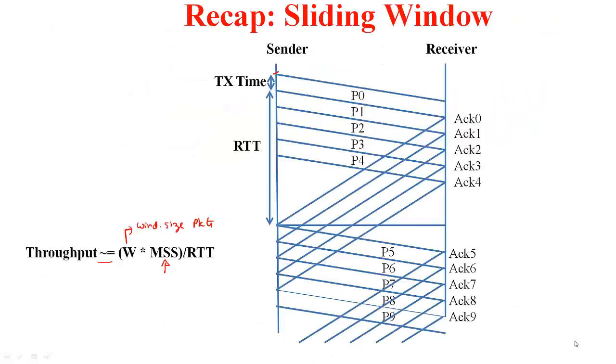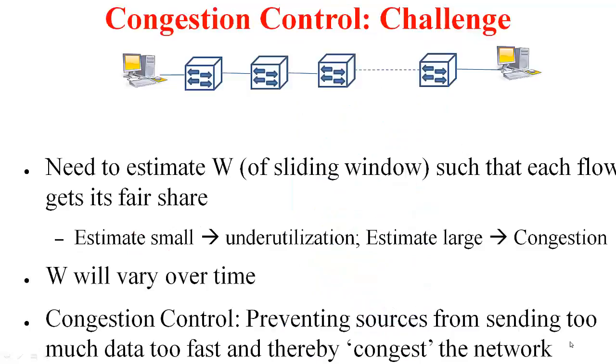Now we are doing a sliding window protocol where the throughput that you are going to achieve is a function of this window size. Now, if you want to use the sliding window protocol, you need to select this W such that you get a fair share of the throughput. Let me illustrate this point through this example. Suppose your TCP flow is going over these routers R1, R2, R3, so on, and I'm also indicating this link bandwidth by this number R1, R2, R3, Rn.